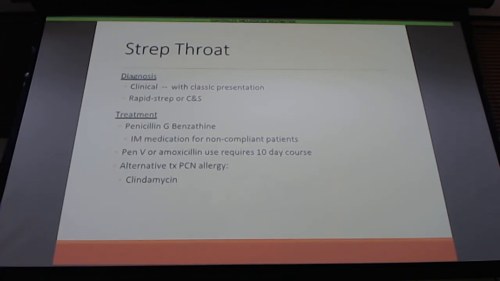We can just give them a shot of Pen-G. It should be good, right? Or you have that 20-year-old where you tell them, hey, take this pill for the next 10 days. They may or may not be compliant. You don't know. So, easiest thing to do is the shot, from my standpoint.